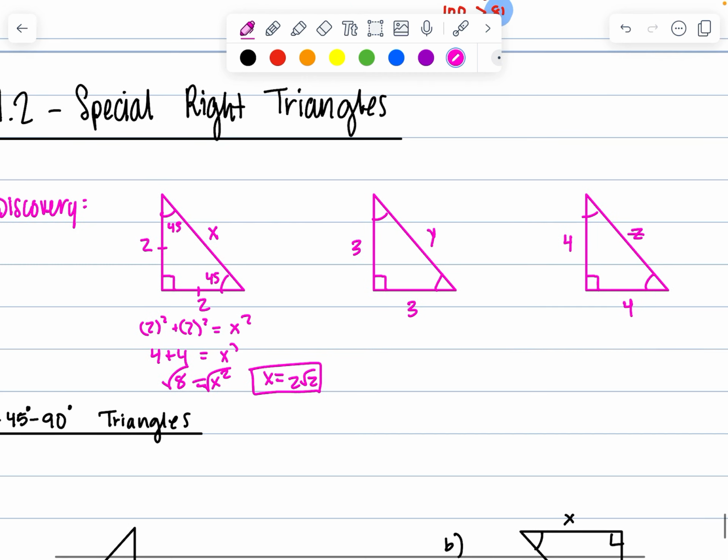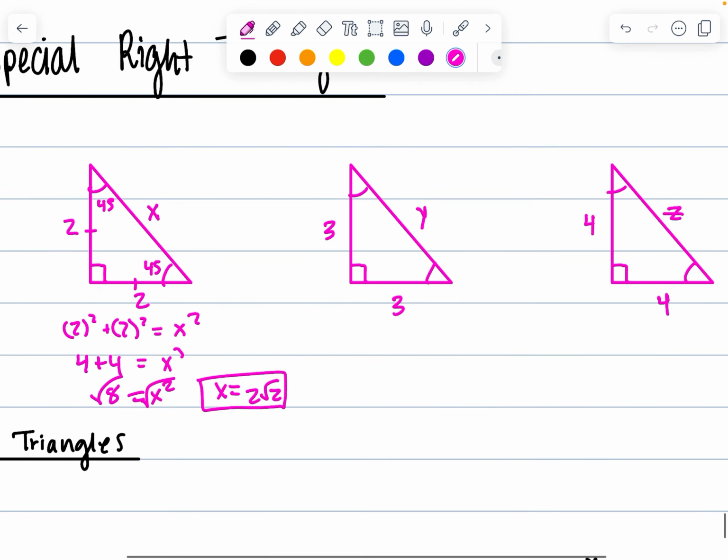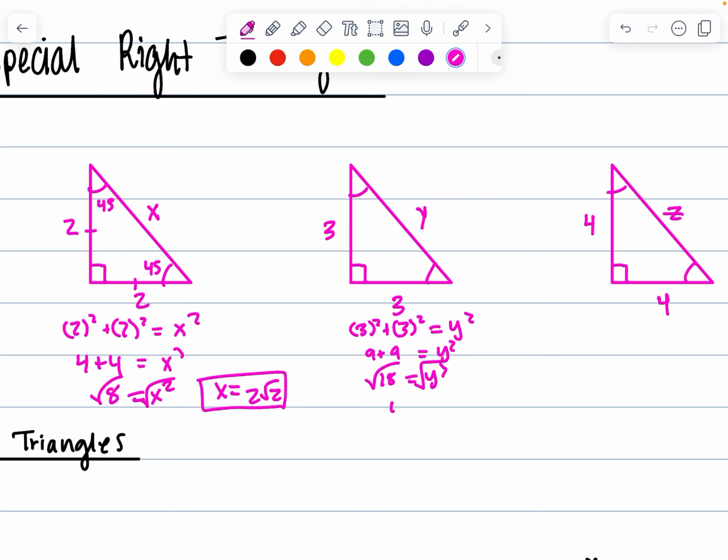Doing the same thing for the next one. 3 squared is 9, so we could do 3 squared plus 3 squared, and repeat this process over and over. For y squared, we get 9 plus 9, which is equal to 18. It's equal to y squared. You square root both sides, and you get y is equal to 3 root 2.